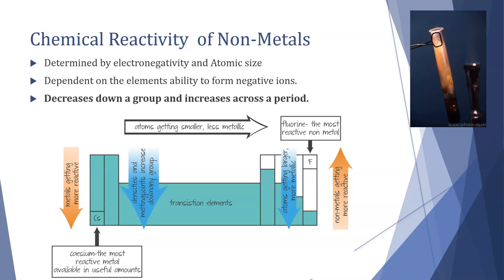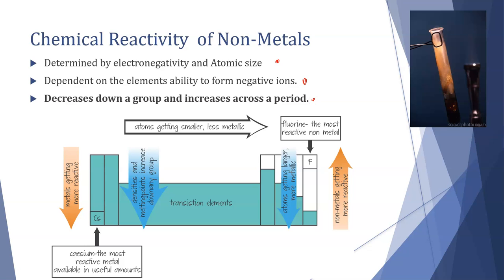So this diagram here summarizes that information for you. Because the reactivity of nonmetals is determined by the electronegativity and atomic size, it is dependent on the element's ability to form negative ions or to draw electrons to itself to form covalent bonds. So this decreases down a group and increases across a period.